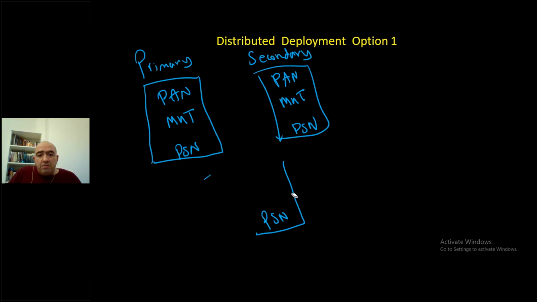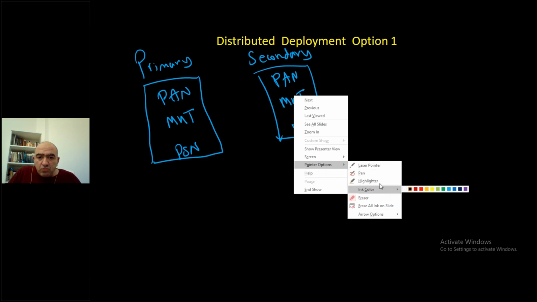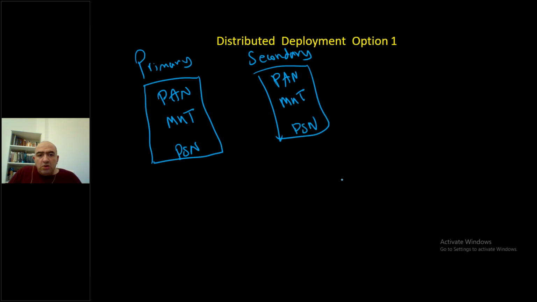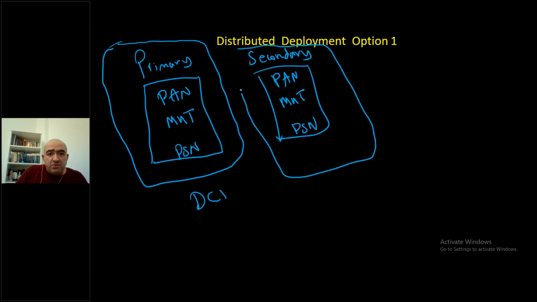My primary exists in one data center and the secondary in another data center. So if I have this primary in DC1 and the secondary in DC2, in this case I will have the third node here, the PSN, sending keepalive messages to the primary.